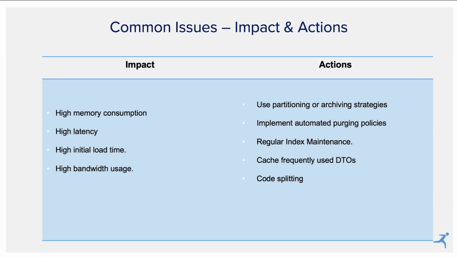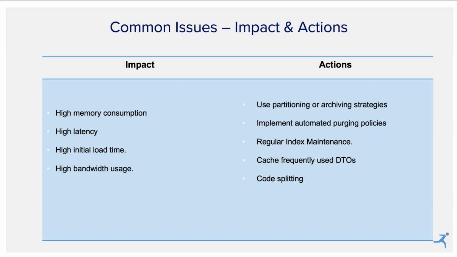Some of the actions that we took are using archiving strategies, which will get rid of old or unused data. Similarly, we can implement automated retention jobs, which will purge old redundant data. We also maintain the database index regularly.